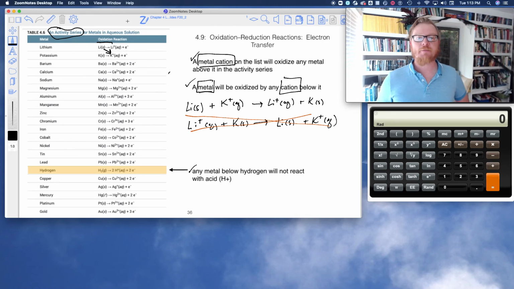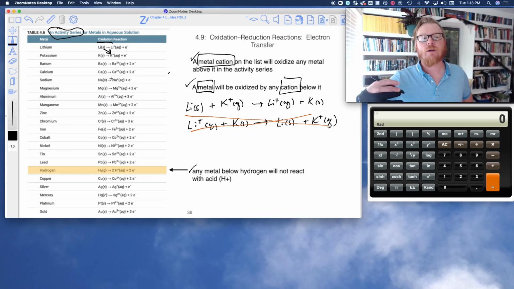Lithium plus can't oxidize anything, okay? But what about saying it the other way? A metal will be oxidized by any cation below it. Well, look, this means every single one of these cations could oxidize lithium metal. Okay, so that's what that means.